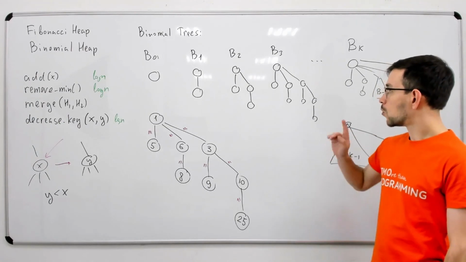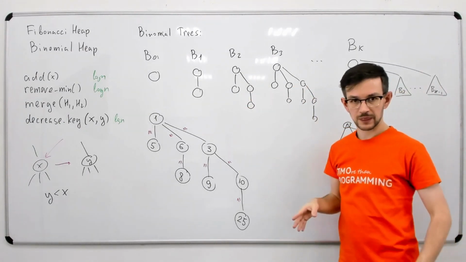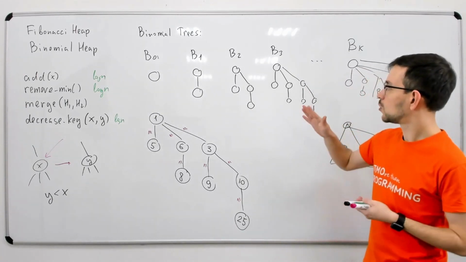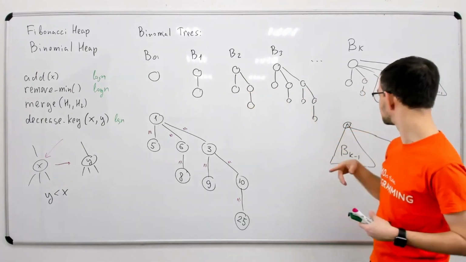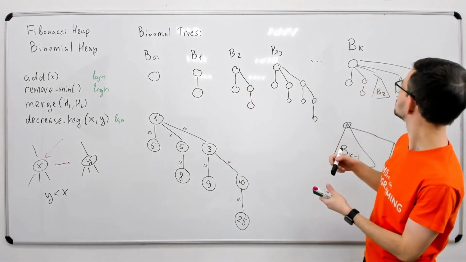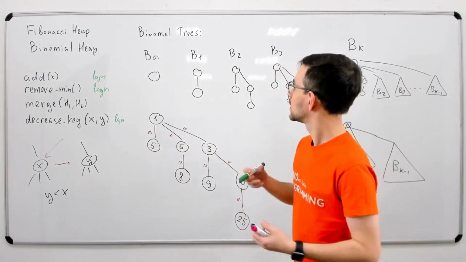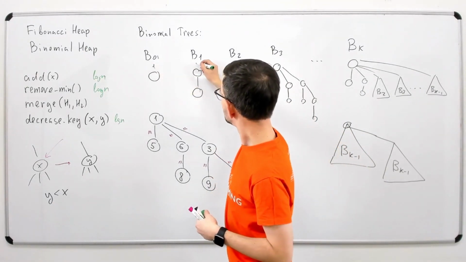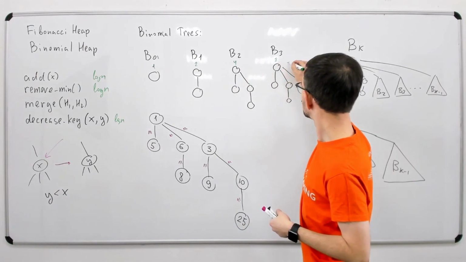Now, if we can use only these trees, what is the number of elements we can make? What is the number of nodes in the binomial tree of rank k? You can see that a binomial tree of rank 0 has 1 node, this has 2 nodes, this has 4 nodes, this has 8 nodes, and so on.